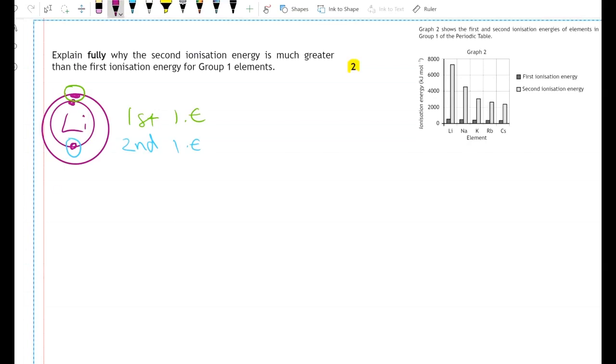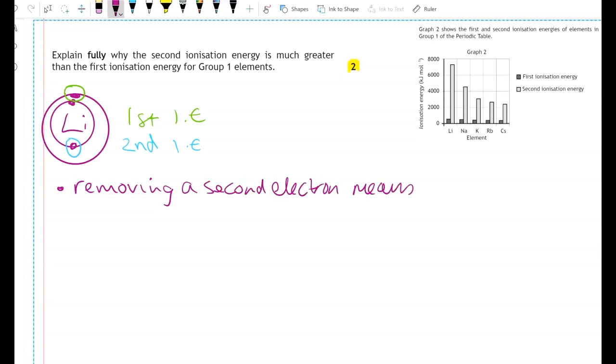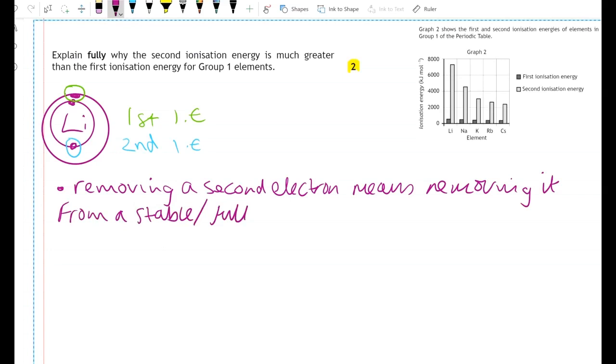So removing a second electron means removing it from a stable or full energy level.